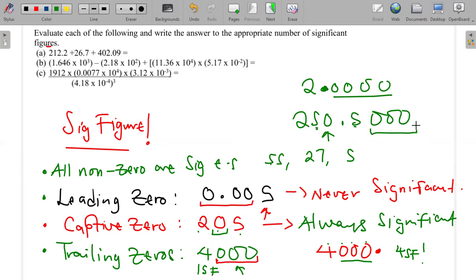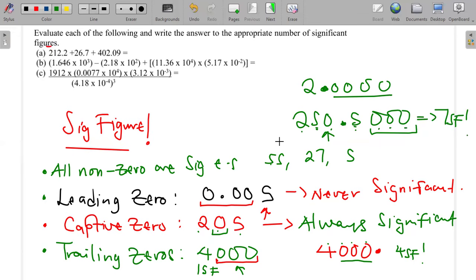These ones are trailing zeros, okay, but they come after a decimal point, or in this number, there's a presence of a decimal point. So we're going to consider all of them here as significant. So how many significant figures are in this number? We're going to say 1, 2, 3, 4, 5, 6, 7. So there are 7 significant figures in this number.